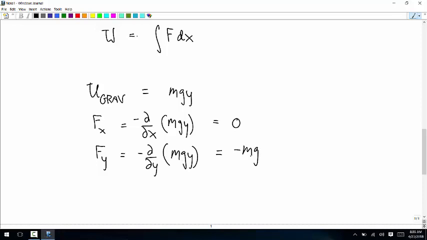Negative mg. Pretty great. That's pretty snazzy.